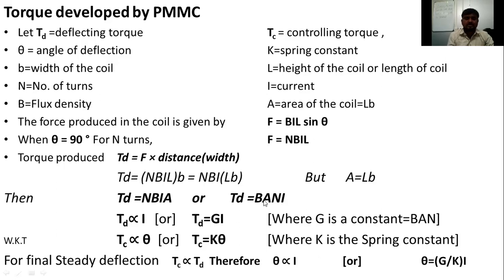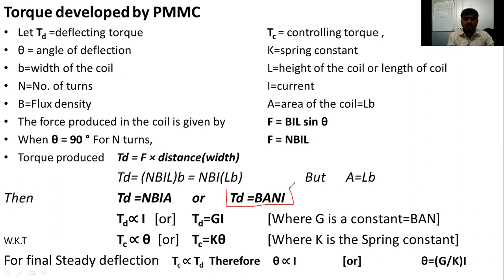The flux density from the permanent magnet, the flux per unit area, is constant. The cross sectional area of the coil is constant. The number of turns is constant, but the current flowing through the coil is variable. You have to remember this as equation number 1.